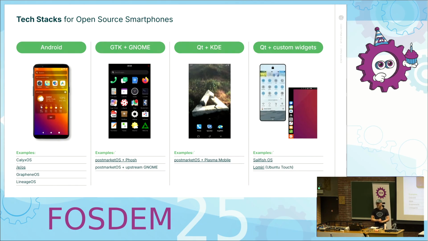And then the rest is kind of, in the open source world, we always have different flavors for different tastes. So if you like things that begin with G, there's a G option, which is GTK based. postmarketOS lets you run either upstream GNOME or lets you run Phosh, which is the Purism phone shell, which integrates nicely with GNOME. And then if you like things that begin with a K, there's a KDE stack, which is Plasma Mobile, which is also very good.